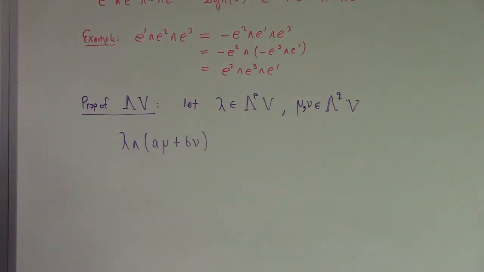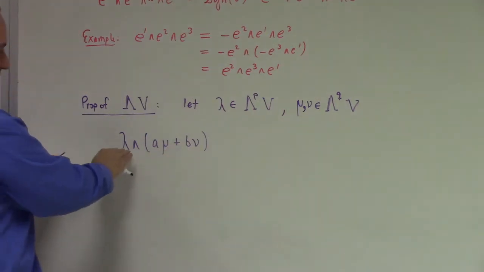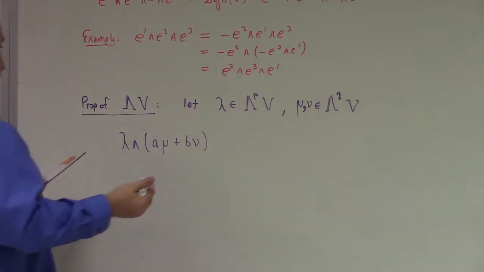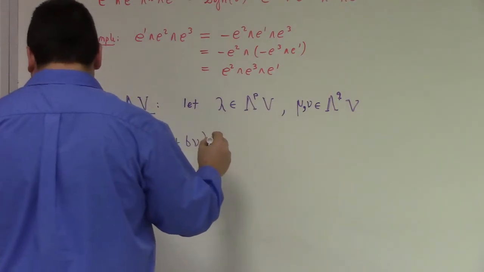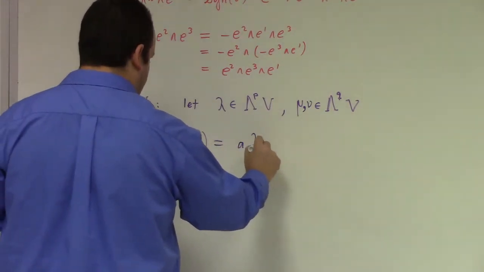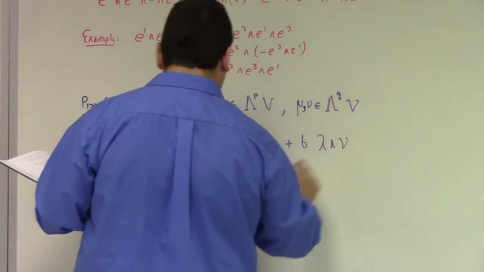We can't add apples and oranges. We've got to add apples to apples. But we can take the wedge product of apples and oranges. It's fine. That's why it's called an exterior product. You take things of different type, put them together, and get things of yet another type. It's an exterior algebra. So this is going to be a lambda wedge mu plus b lambda wedge nu.